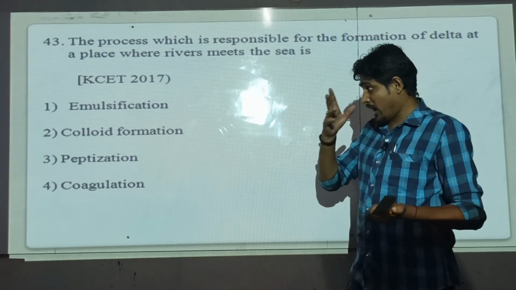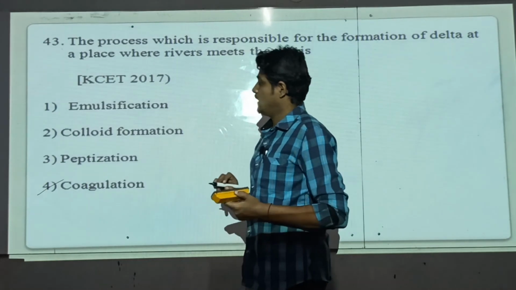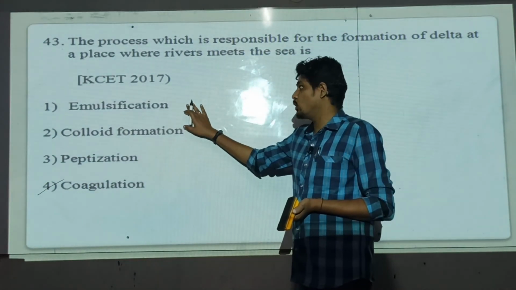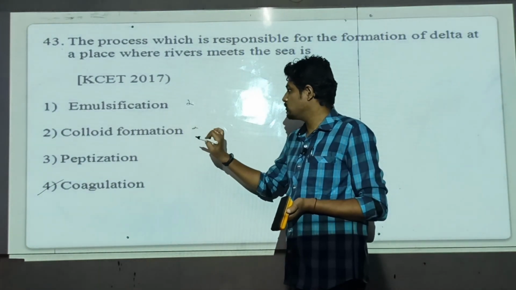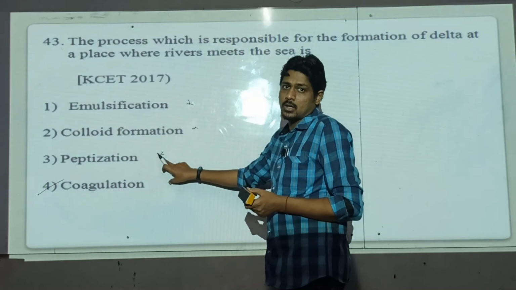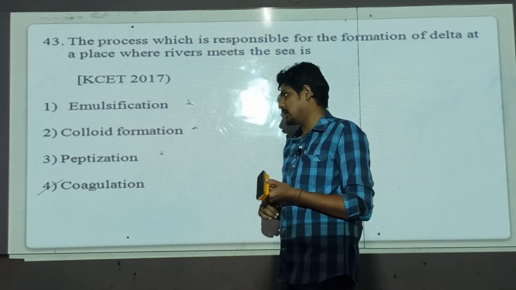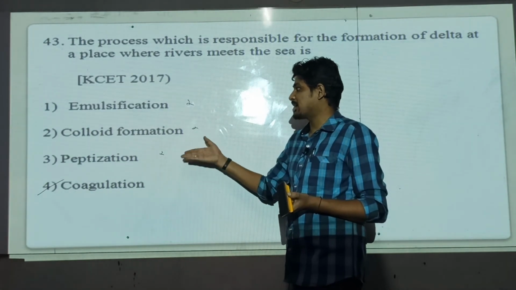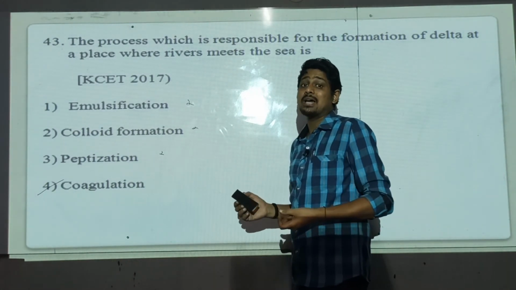It is coagulation straight away. Not emulsification, not colloid formation, not peptization. Why is peptization not the answer? Peptization is the conversion of a precipitate into colloidal particles, but here colloidal particles are not forming, a precipitate is forming. Emulsification is also not happening.